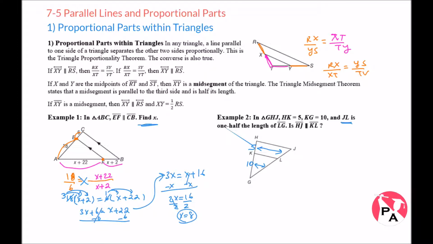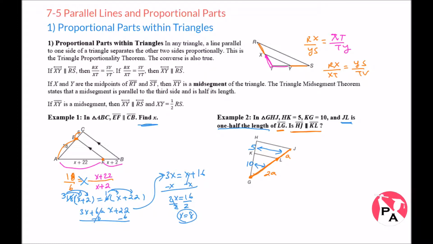And JL is 1/2 the length of LG. Let's see. JL, if this side is A, LG is 2A, right here is 2A. Is HJ parallel to KL?